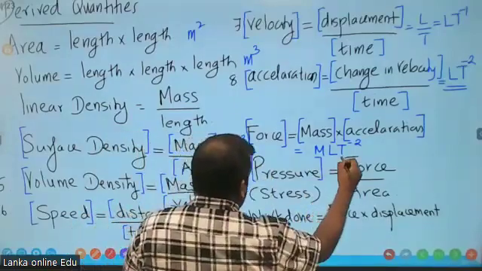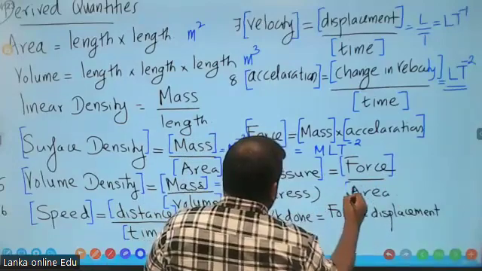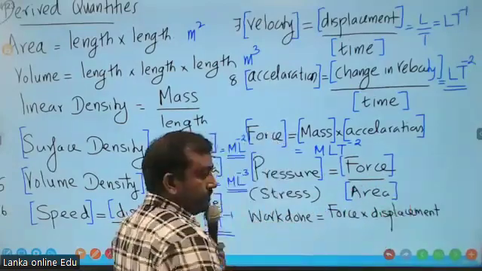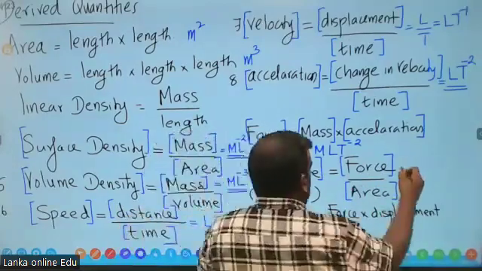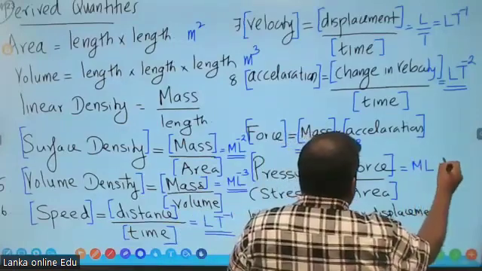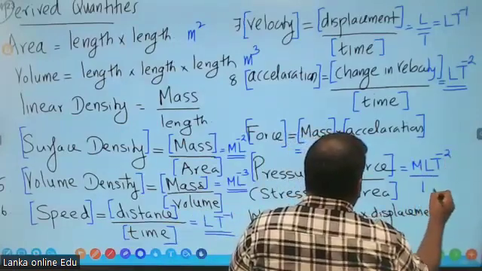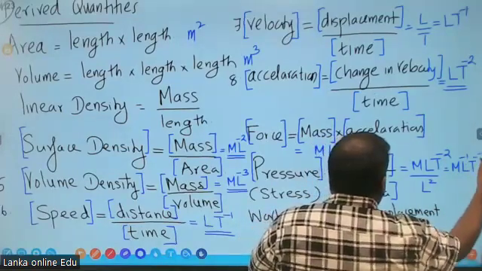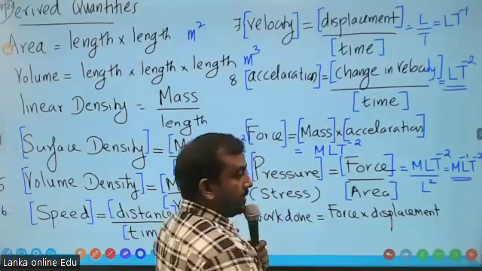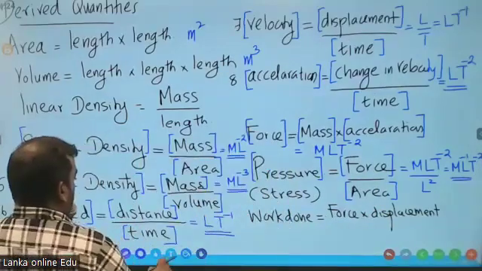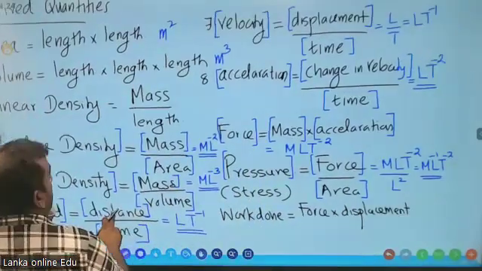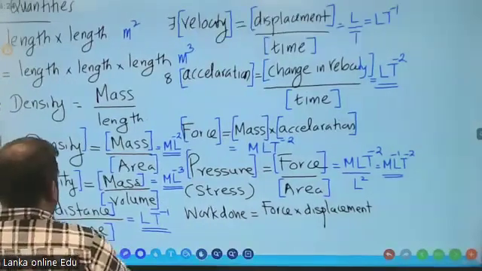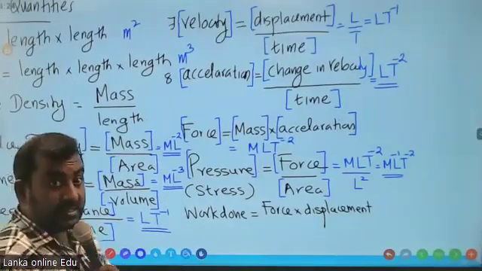Pressure dimension, force divided by area. Force is MLT minus 2 divided by L squared. ML minus 1 T minus 2. See whether you got these.